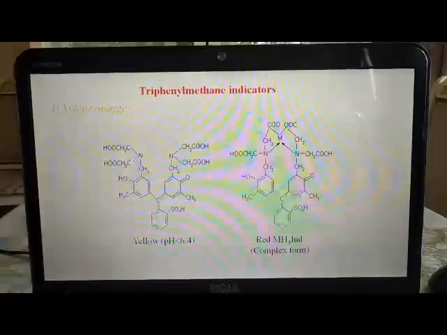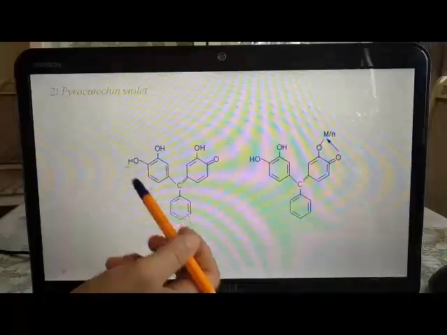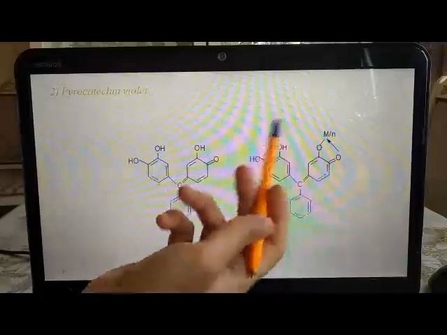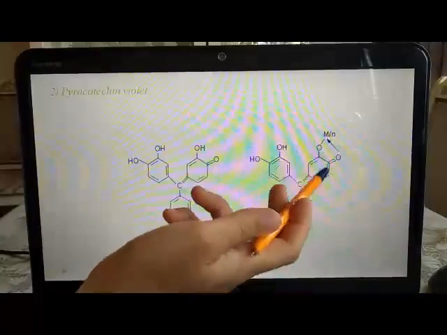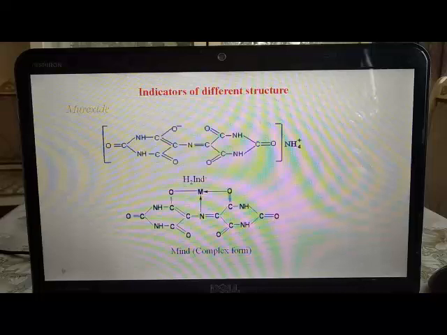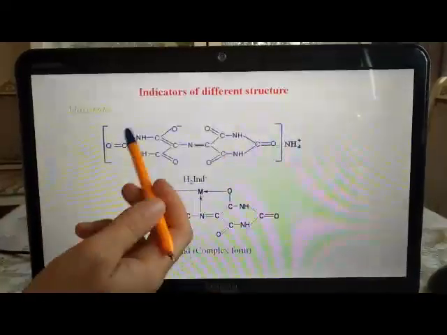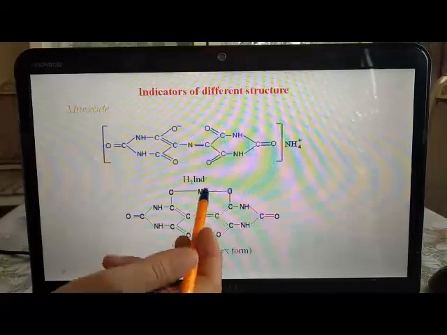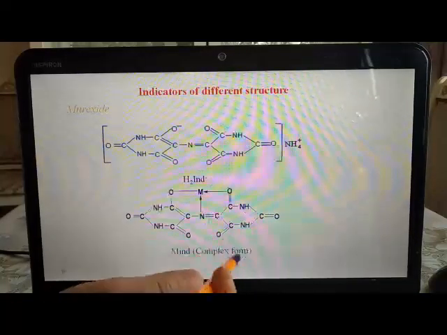Triphenylmethane indicators: xylenol orange is yellow before the reaction and red in complex form with the metal ion. Pyrocatechol violet has this structural formula before and after the reaction with a metal complex. Indicators of different structure: murexide. This is the formula of murexide, before and with a metal ion in complex form.